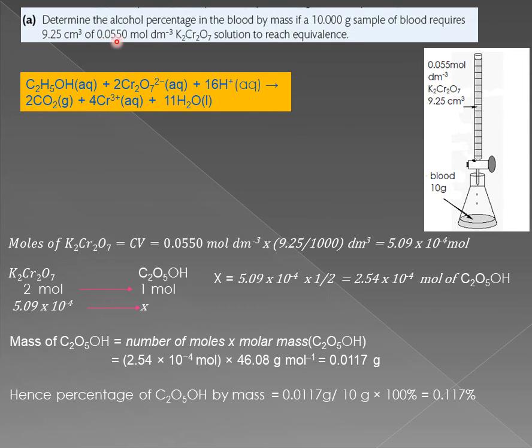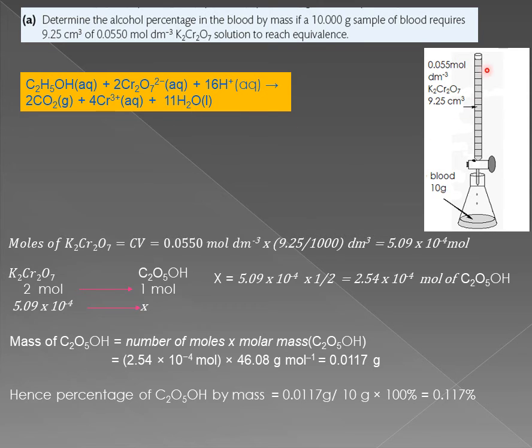So, to determine the alcohol percentage in the blood by mass, first we need to write the equation. Ethanol plus dichromate plus 16H plus gives carbon dioxide plus chromium 3 plus 11 water.